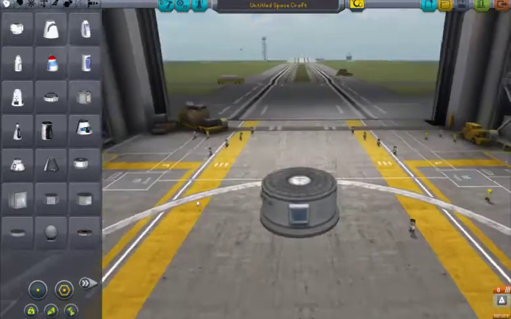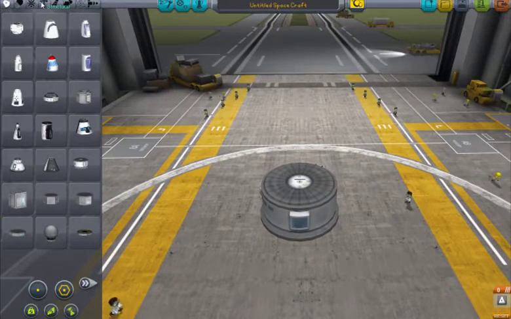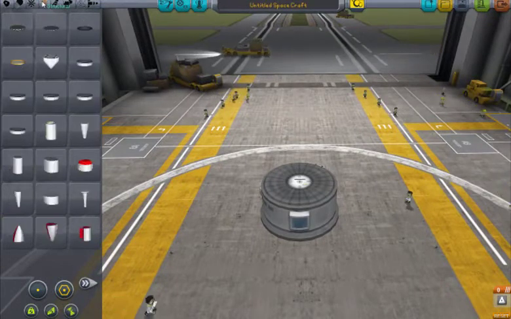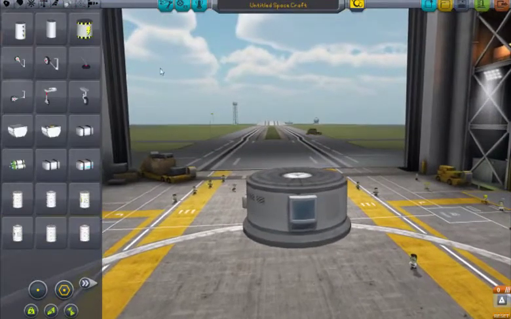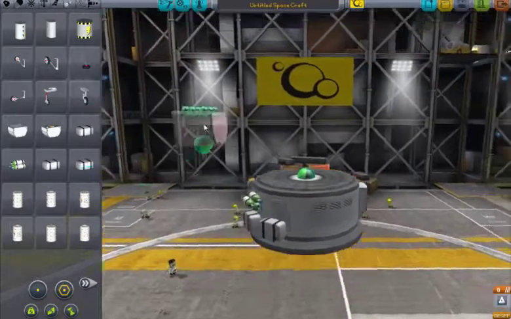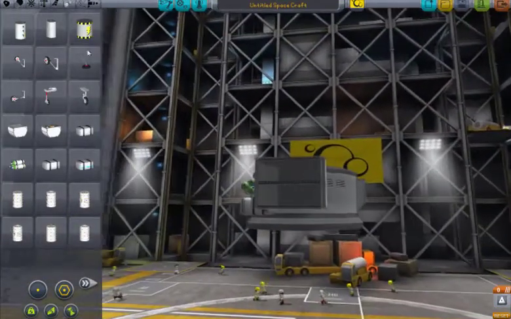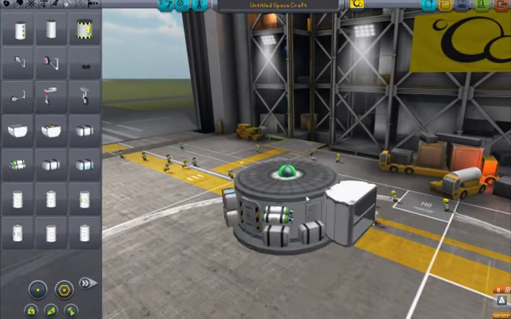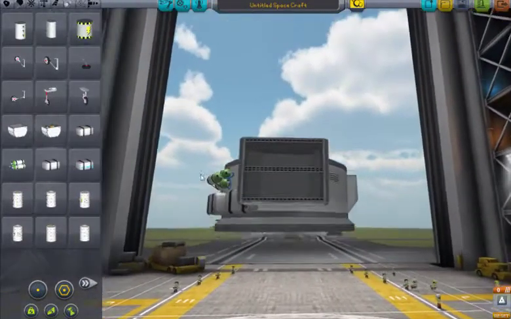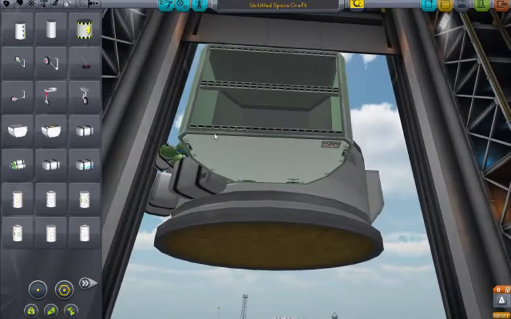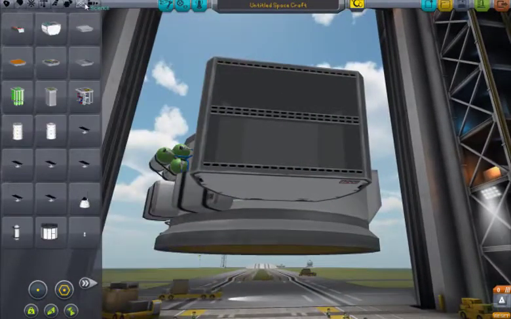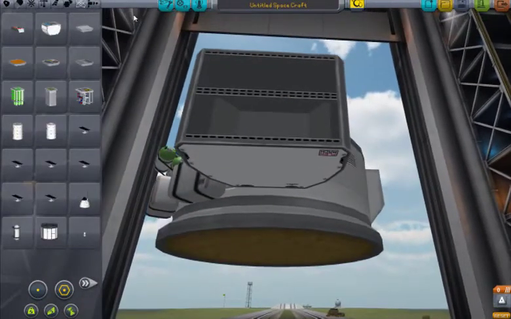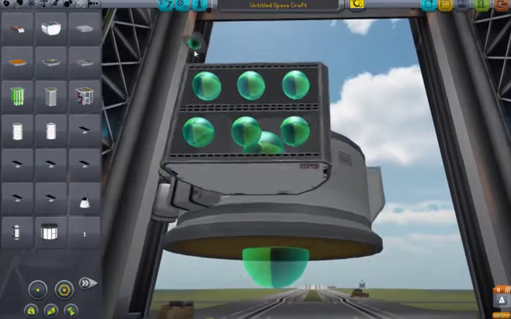A very nice thing that I've noticed is that I was worried at first that the parts are going to be a problem, because when people see a lot of parts on a ship, they're always arguing, saying, oh, so many parts.